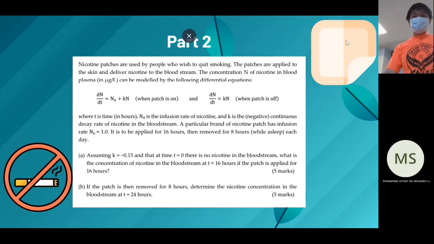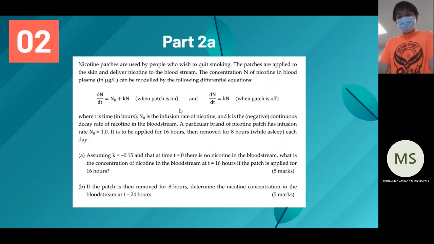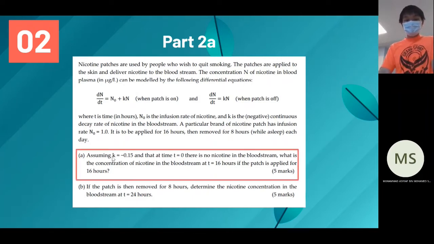Part 2 has 2 parts. 2A is to find the concentration of nicotine in the bloodstream when the patch is applied for 16 hours. And later on, part 2B is to find the nicotine concentration in the bloodstream when the patch has been off for 8 hours.